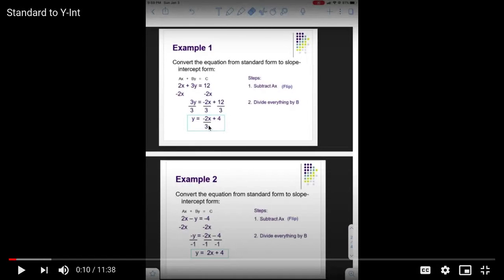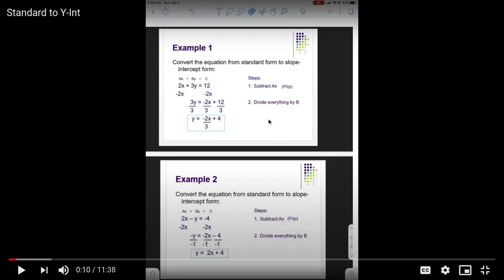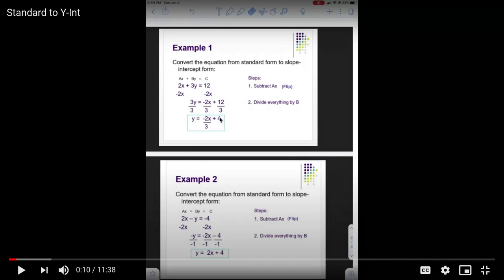This is kind of easy a lot of the time, because unless you get a nice number, just leave it as a fraction. You don't have to simplify it or do anything. And then I do 12 divided by 3, which gives me 4. So I get y equals negative 2x over 3 plus 4.